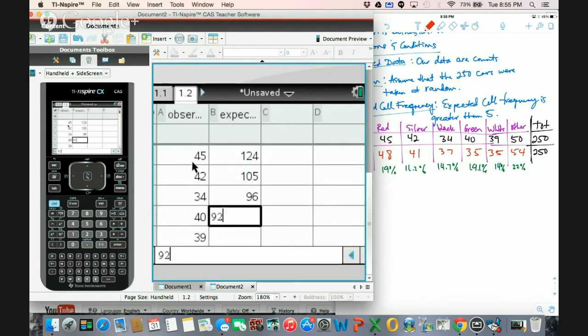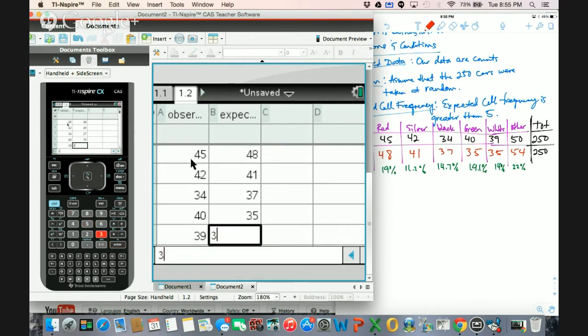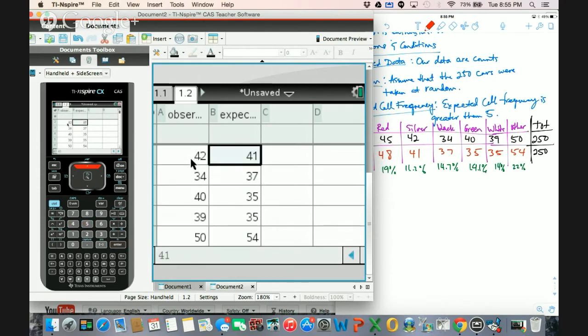Okay, go back here. The good news is that I don't have to do too much work after that when I come back over here. 48. Thank goodness I am not using an 84. If I was using an 84 right now, I would be pulling my hair out. Okay, so now I've got everything corrected.